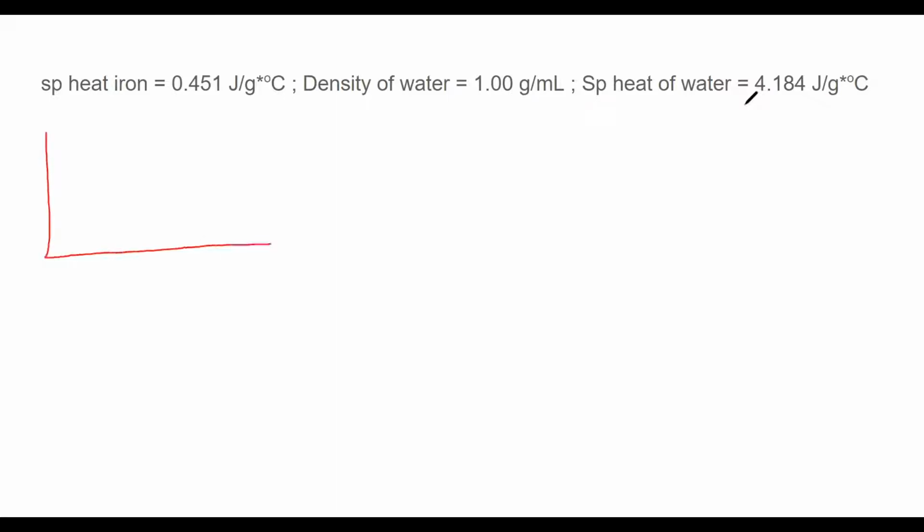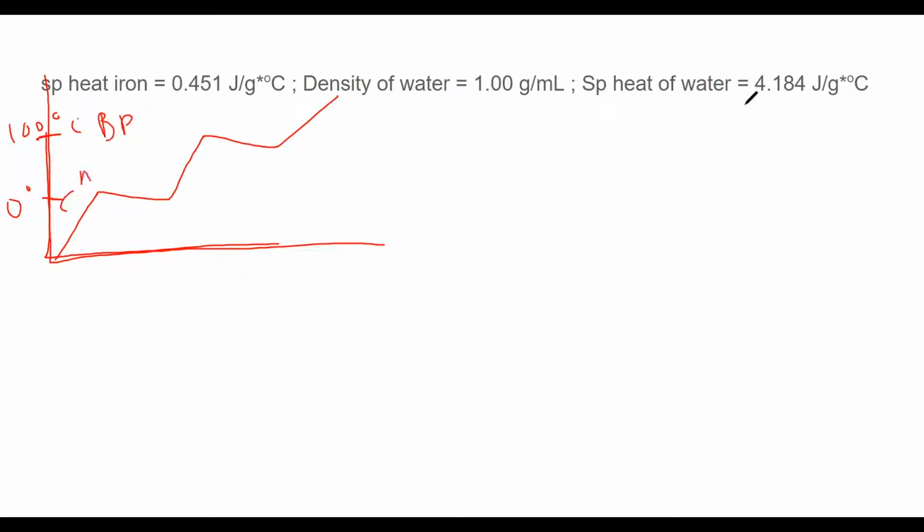Now let's draw our three-phase diagram. This is going to be 100 degrees Celsius and 0 degrees Celsius for water, because this is the boiling point and this is the melting point. First, let's calculate how much energy water lost when the iron was dropped in to decrease its temperature.